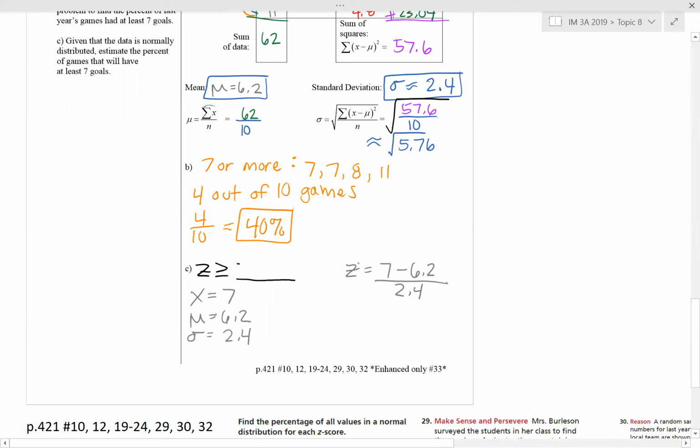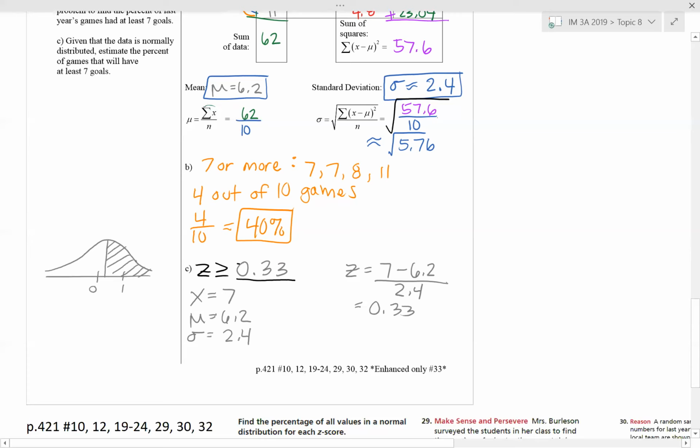If we calculate, that gives us a z-score of 0.33. So we're looking for when the z-score is greater than or equal to 0.33. Remember, if I have a standard normal curve, it wants to find this percentage.